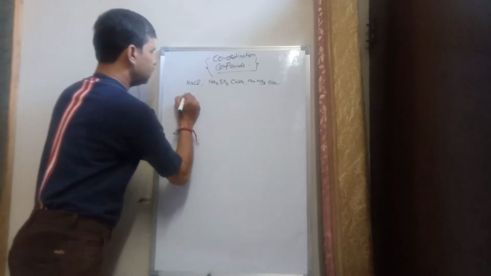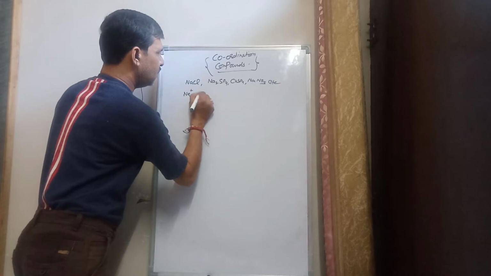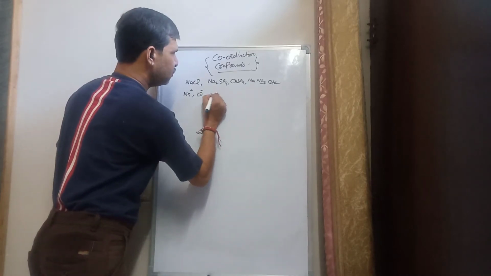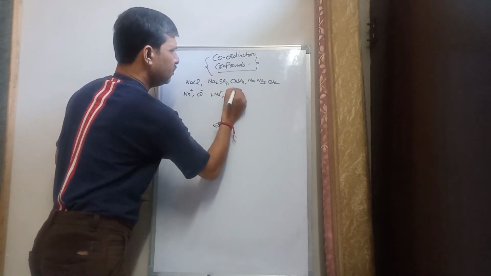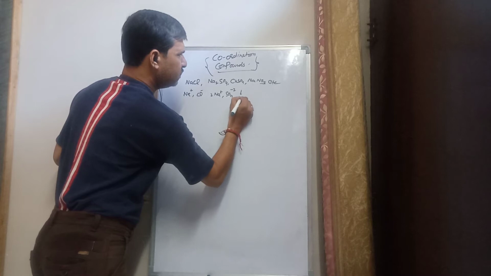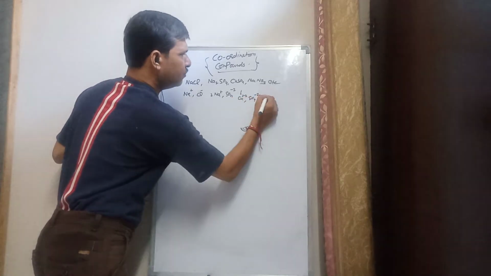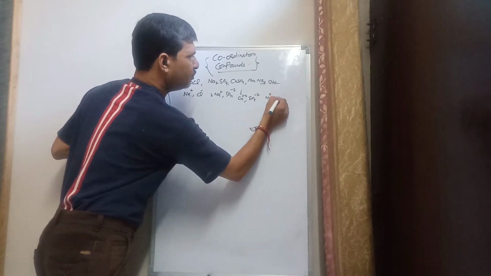For example, NaCl contains one Na+ cation and one Cl- anion. Na2SO4 has 2 sodium plus and one SO4 minus 2. CuSO4 has one Cu plus 2 and one SO4 minus 2. NaNO3 contains one sodium ion and one NO3 minus ion.